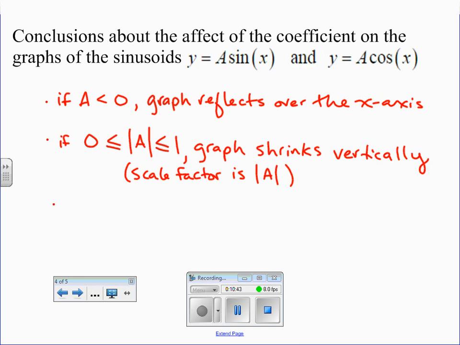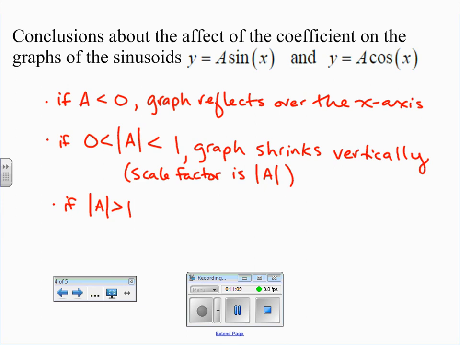And the other one we looked at is if it's bigger than 1. So if absolute value of a is greater than 1, I should have put here not equal. I'm going to come back and revise this a fourth time. Sorry about that. Obviously, it's equal to 0. That pretty much wipes out the graph. And if it's equal to 1, that's going to have no effect at all.